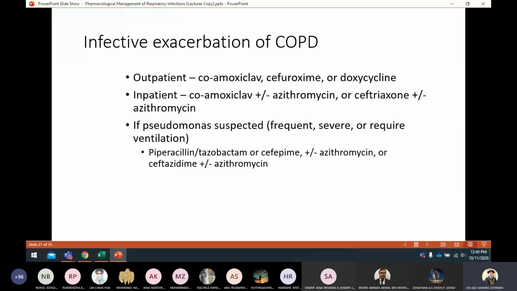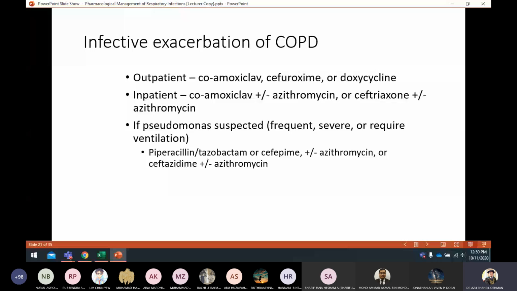Having said that, if a patient with COPD has frequent severe exacerbations of COPD, or if the patient is admitted to the hospital and requires ventilation, requires intubation, then you may suspect Pseudomonas.